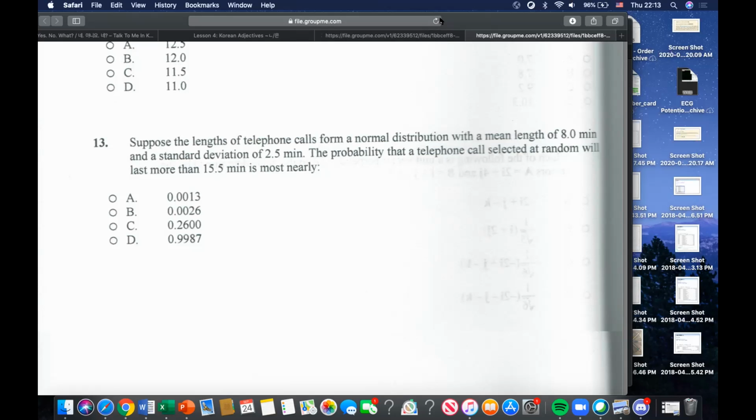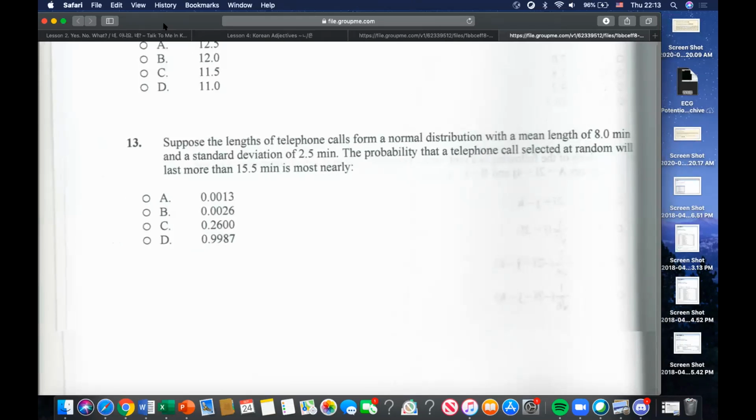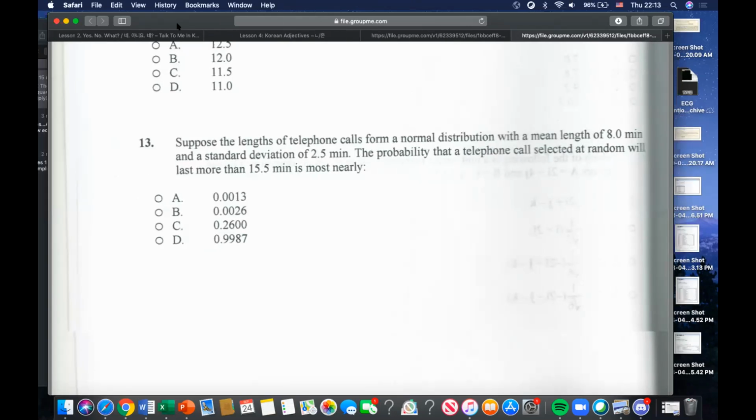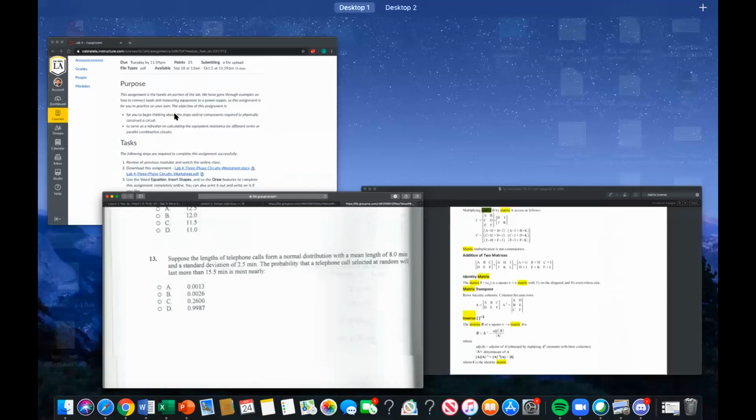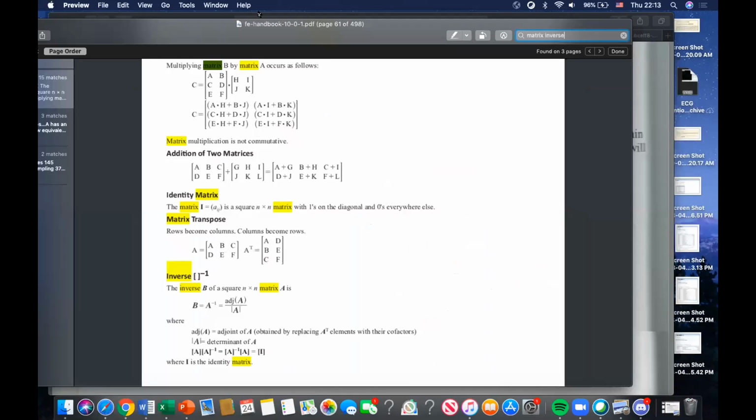Because 15 minus 8 is 7.5, divided by 2.5 is 3. All right, so we know it's 3 and it has to be greater than 3. So then we go to the handy dandy handbook. What page is this on? I have no idea. I'm going to look it up.